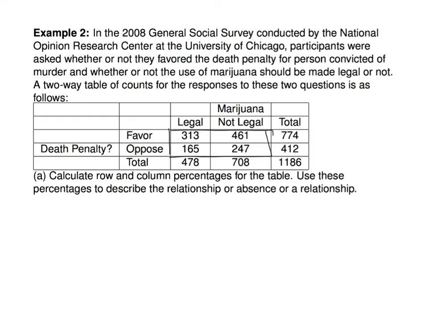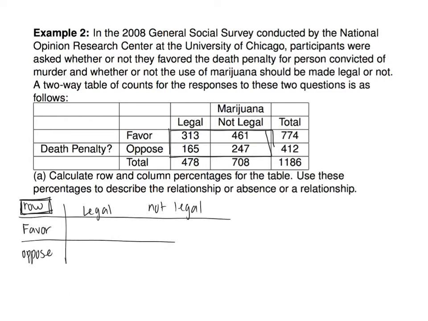Okay. So first, let's calculate row and column percentages. With these row percentages, make sure you keep things in the same order: favor, oppose, legal, not legal. So here we take our total out of our row.